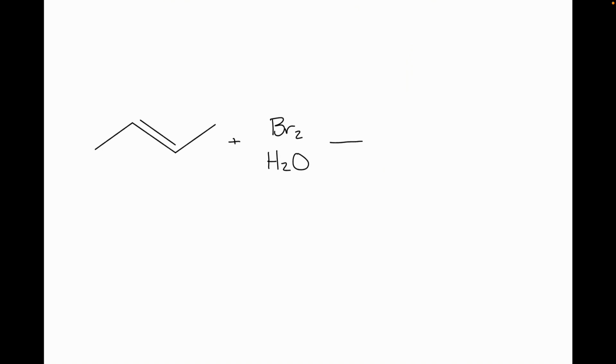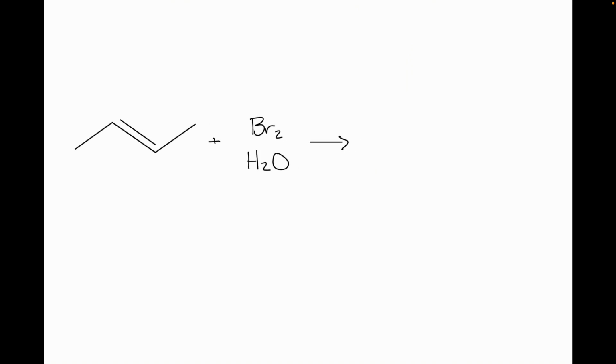All right, it's a little bit more difficult to just intuitively predict the products here, so I'm just going to show you. So if we have a halogen in the presence of water, we get a bromine added to one side of our double bond, or a halogen, in this case it's a bromine, and an OH added to the other side.